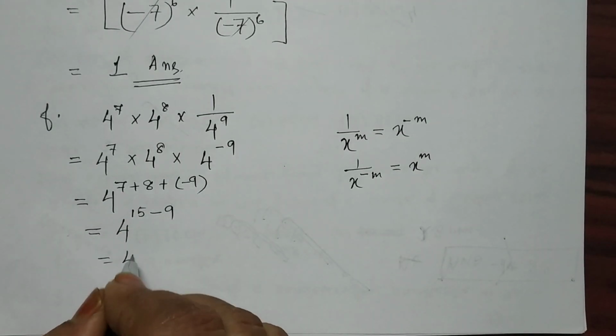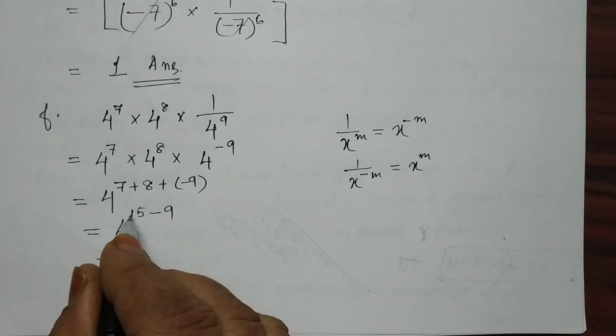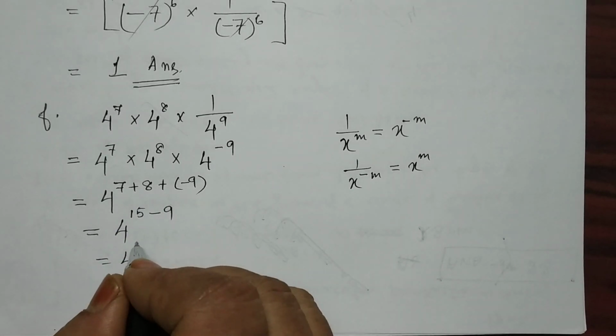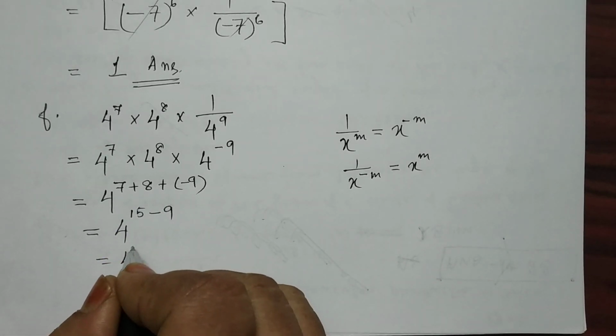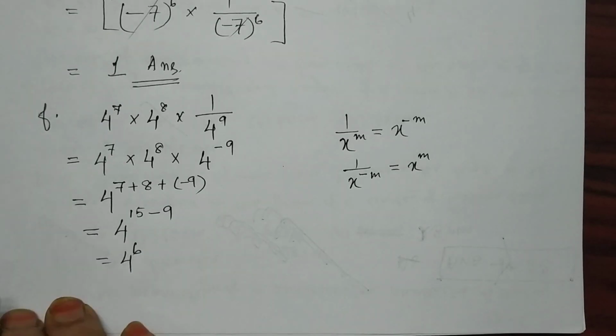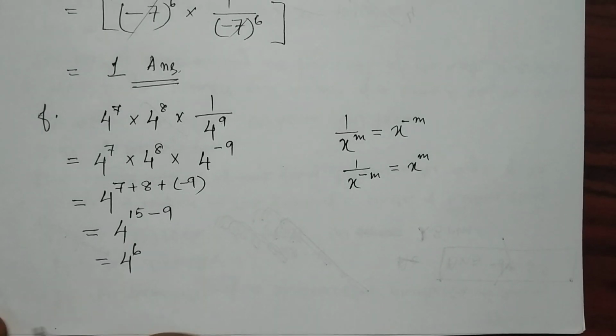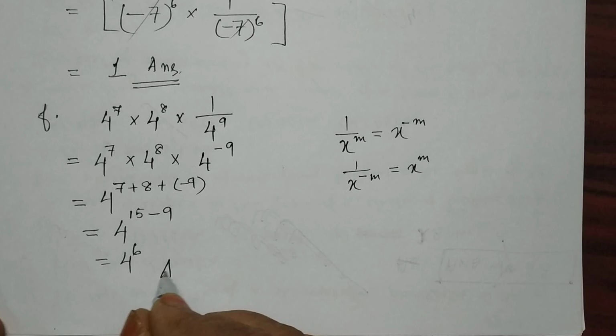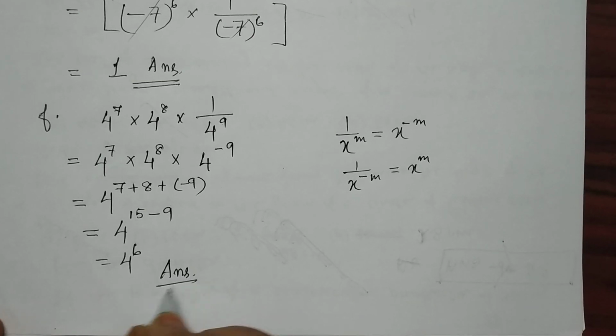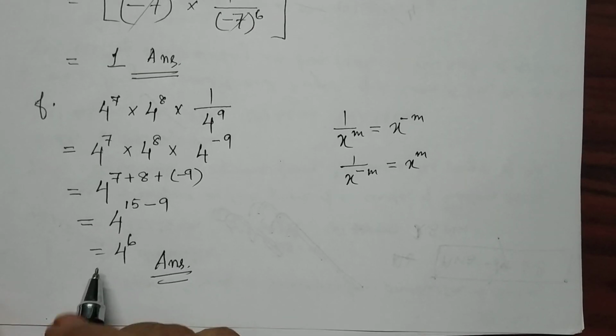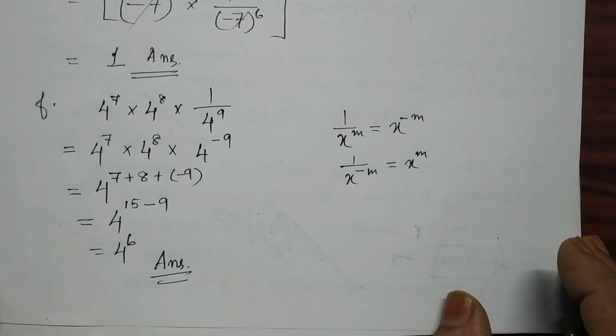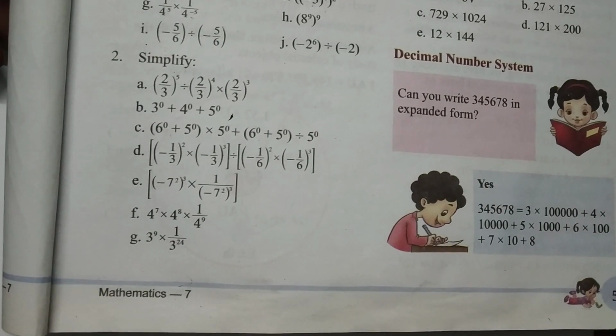Now 4 to the power what? 15 minus 9 is equal to 6. You can write 4^6 also, or you can multiply 4 six times and write the answer. This way is also correct.